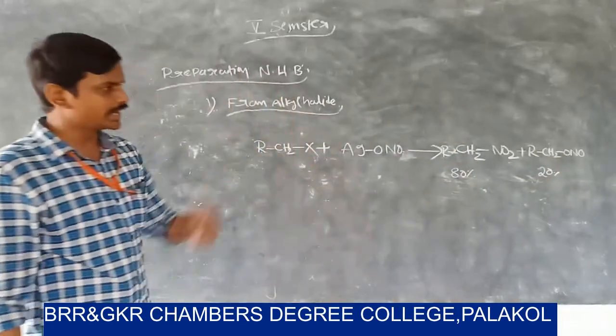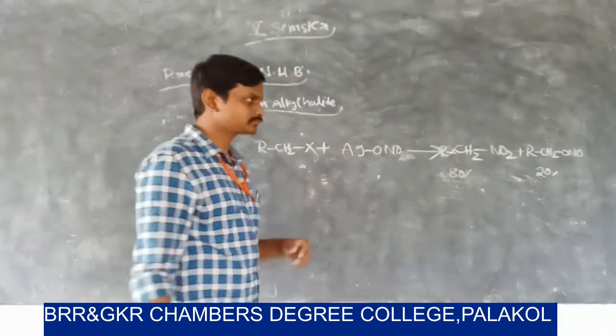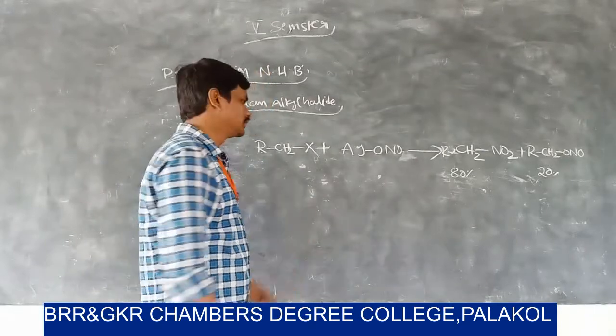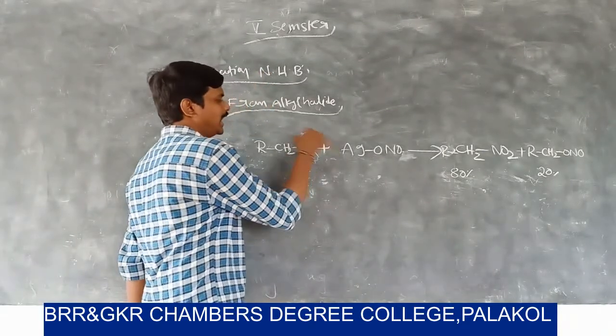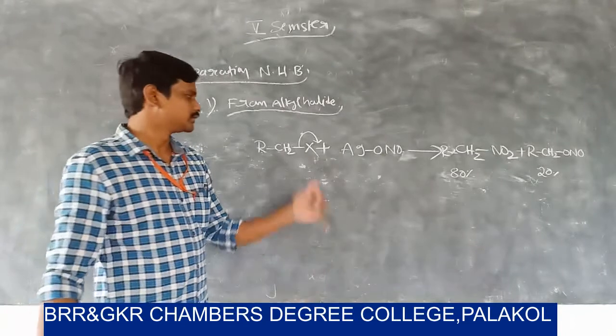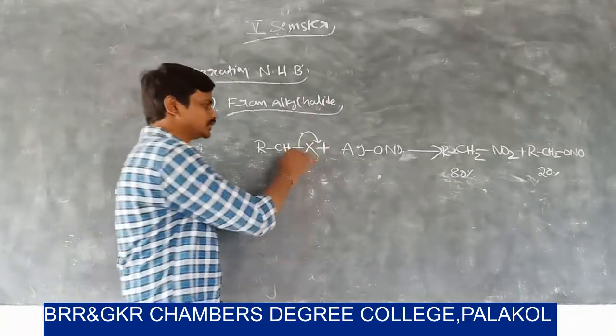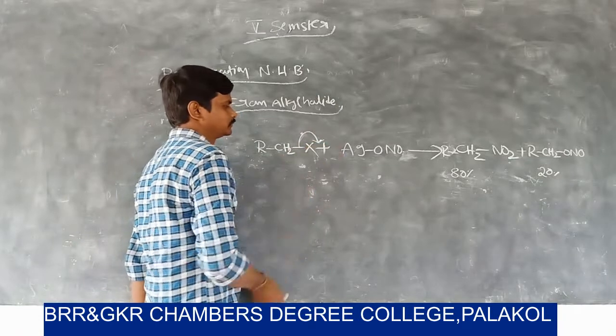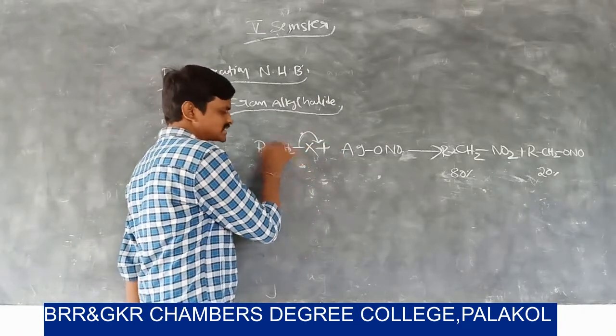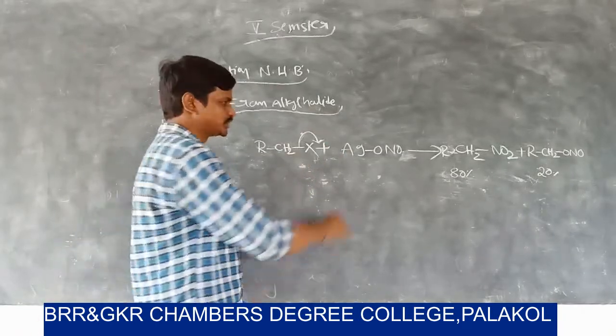So how can we get a nitrohydrocarbon and how can we get alkyl nitrite? In this alkyl halide, the halogen is a good leaving group, so it cleaves from the molecule. Now this carbon gets positive charge.